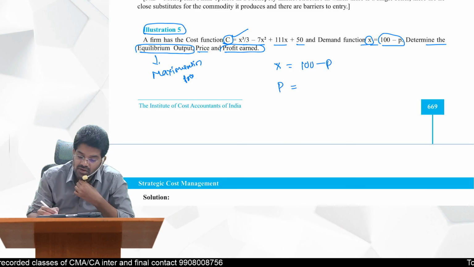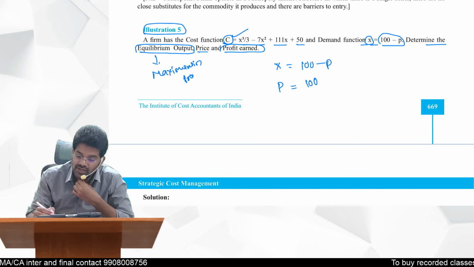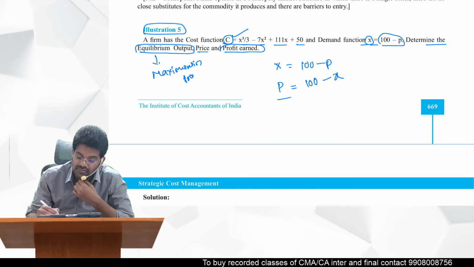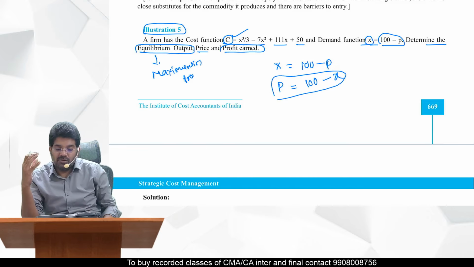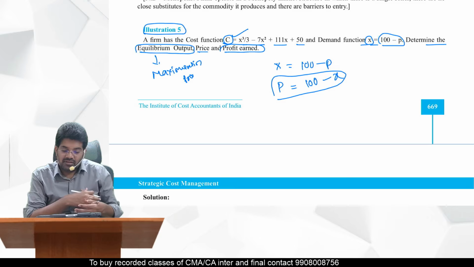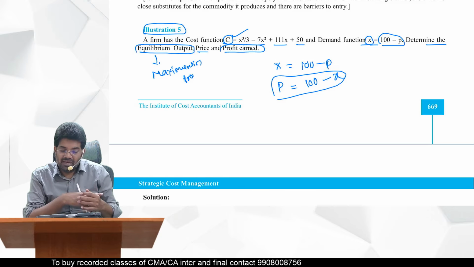Price is equal to 100 minus, I am able to convert this into 100 minus x. This is my price. I got price now. What is the profit maximization price?